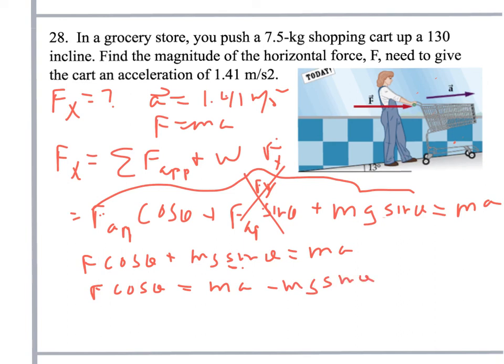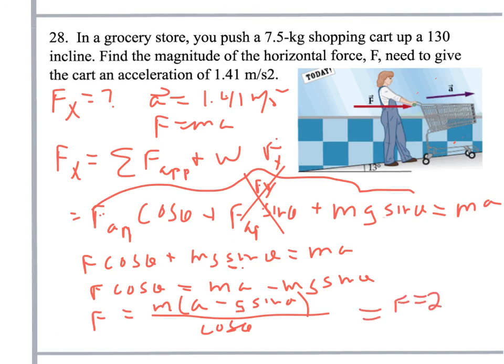Now we can divide through by cosine, and we get F equal to m times a minus g sine of theta, all divided by cosine of theta. Now we can just plug everything in, and we get a force equal to 28 newtons.